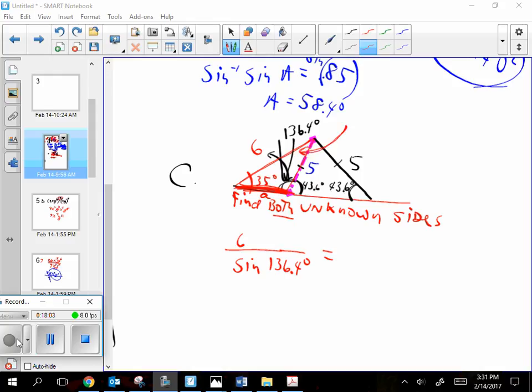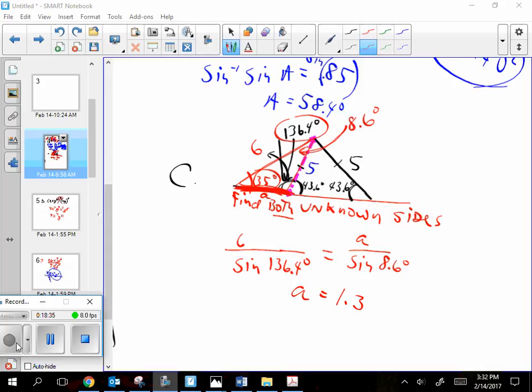Well, it's not too tough. I take 180 minus the 35 I already have, minus the 136, and I get 8.6 degrees. All right, so if that's 8.6 degrees, then I have the unknown side, I'm going to call A, over sine of 8.6 degrees. Cross multiplying and solving, and A would equal 1.3. That's for the short side.